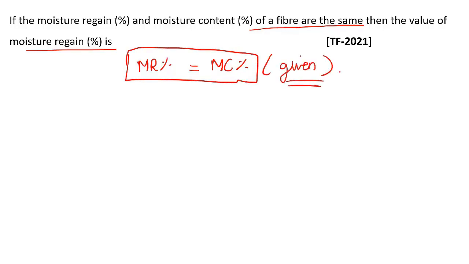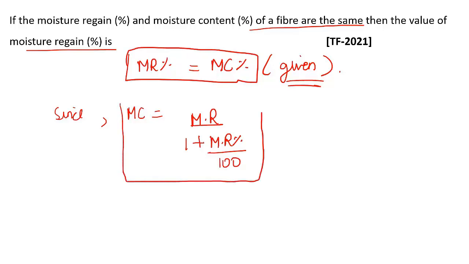If you know the formula, moisture regain percent is always greater than moisture content percent, but in this case both are equal. Moisture content is equal to moisture regain percent upon 1 plus moisture regain percent upon 100. This is the formula for general calculation of moisture content.